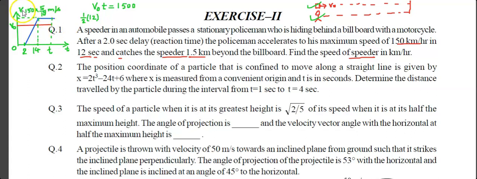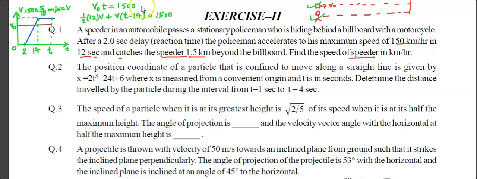Let's consider this value as V, and we know this value of V. Plus the area of this rectangular portion, that will be V into this time. This time will be T minus 14. And this also must be equal to 1500 because both are meeting at a certain point, so they will have the same displacement.